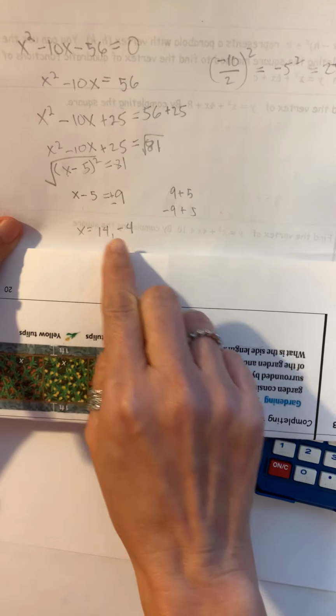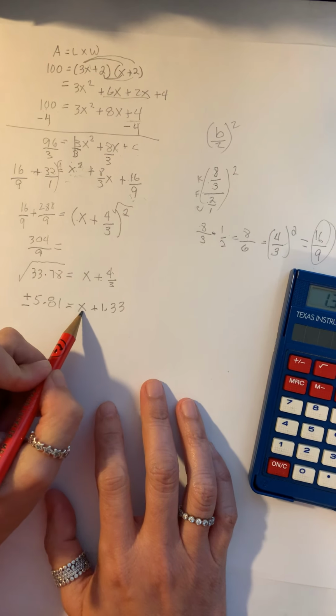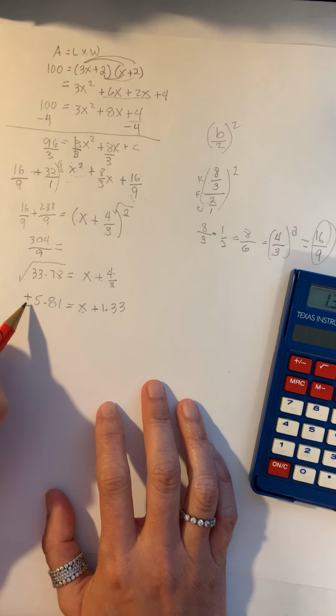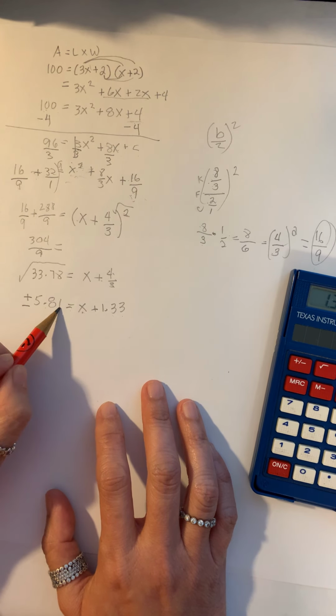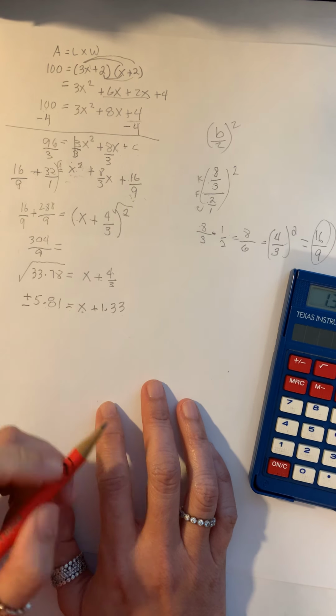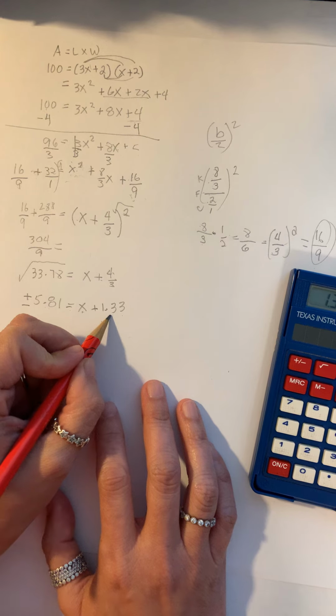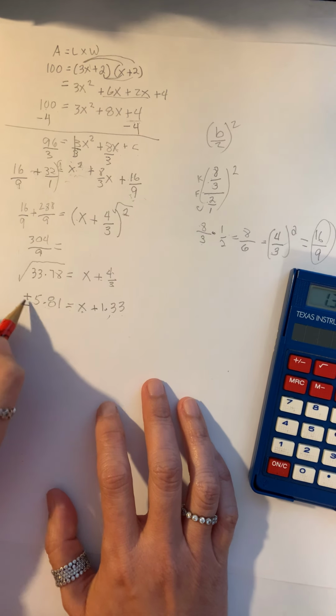All right, so these are our notes. When we get to that part, we always have two answers, right? Because we're going to have x plus 1.33 is equal to positive 5.81 and negative 5.81. All right, so if I want x by itself, technically I'm going to move this to the other side, right? Well, there's two of them.